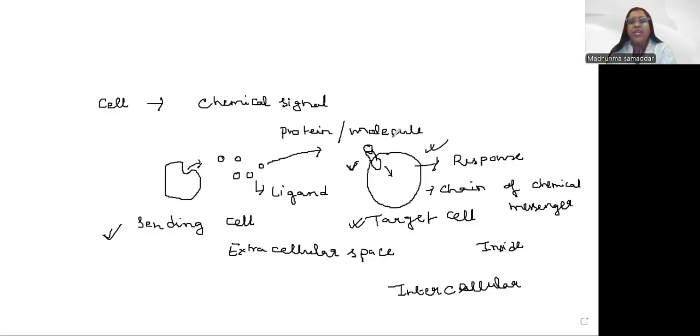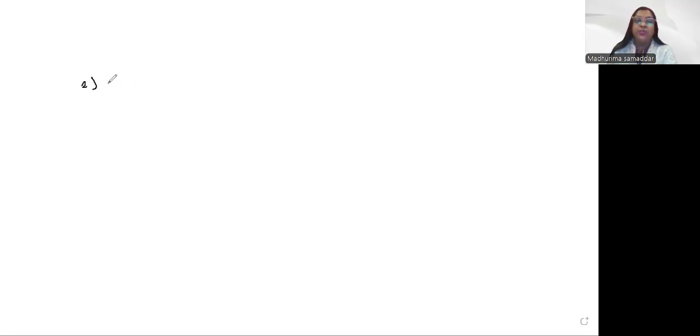Okay, it can be any kind of response. If we say, there can be alteration in gene expression, or it can lead to the induction of a total cellular process.